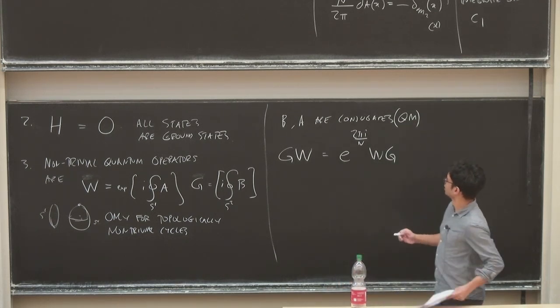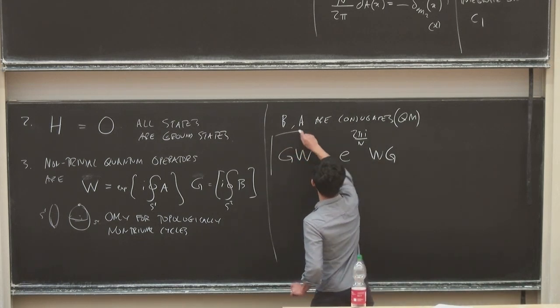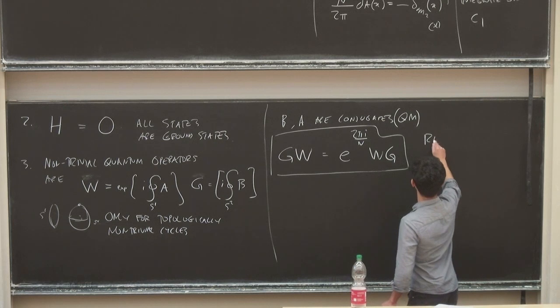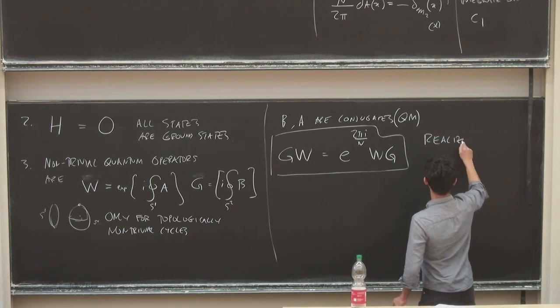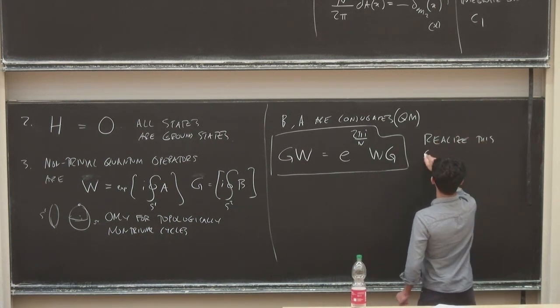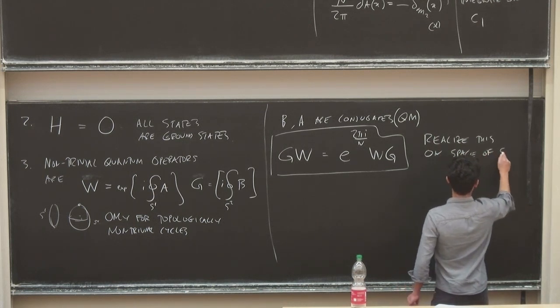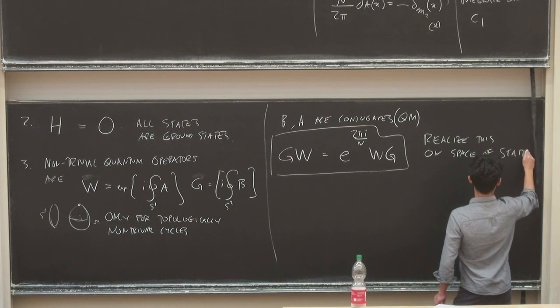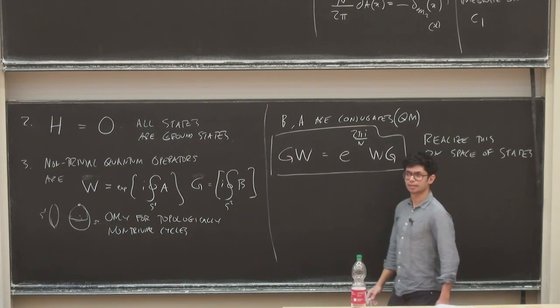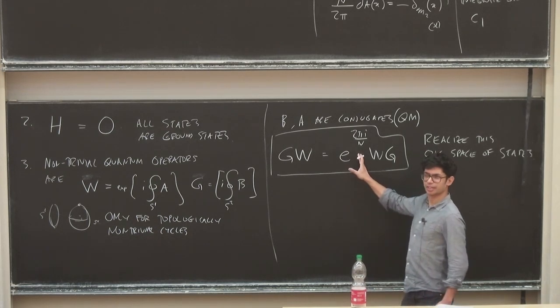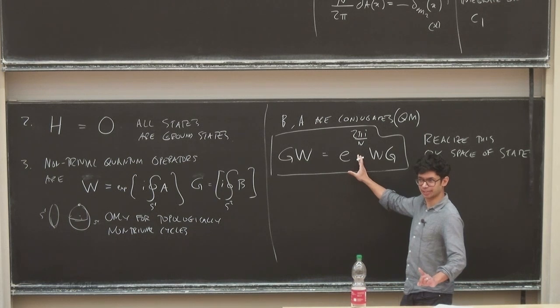Okay. So now this is a certain algebra of operators, and now we seek to realize this on the space of states. The first thing I want to point out is that you cannot realize this algebra on a one-dimensional space of states.